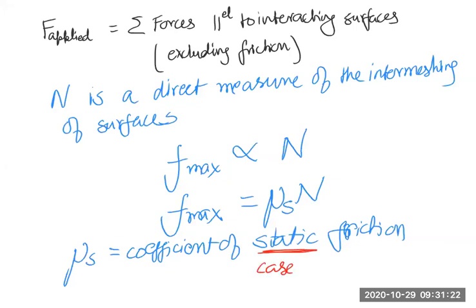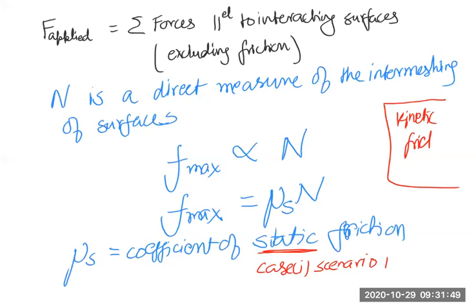Static means case one, scenario one, stationary, as opposed to kinetic friction. Kinetic friction would be the friction acting between two moving objects. Static friction would be the friction acting between two objects which are stationary with respect to each other.